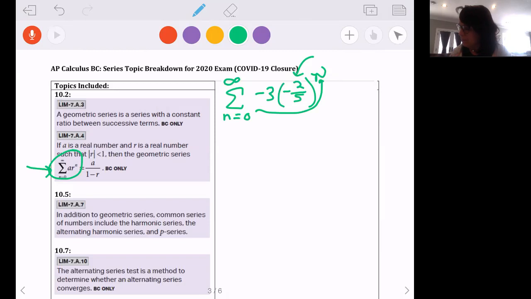What I'm a little bit more concerned about is when you're given it as the sum of a sequence.